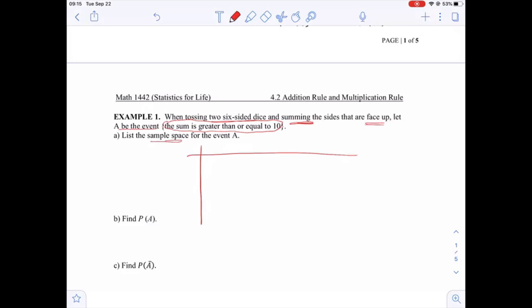So for the first die, we have 1, 2, 3, 4, 5, and 6. And for the second one, we have the same thing. Okay, and then we may get 1, 1. When we toss the 2 dice, we may get number 1 on the uppermost face of the first die and 1 on the uppermost face of the other die. So we get 1, 1, or 1, 2, or 1, 3, 1, 4, 1, 5, or 1, 6.